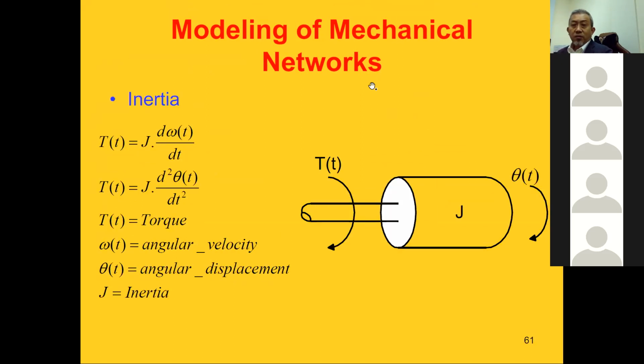Also, we have a modeling of mechanical networks for the rotational systems, where we have a torque T and angular displacement of theta. So this one is the torque, and this one is the angular displacement.